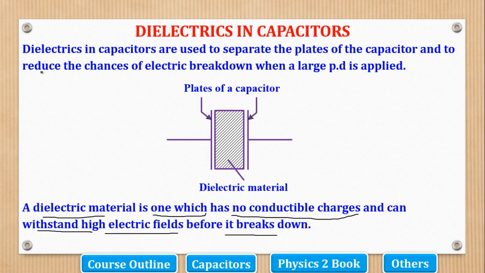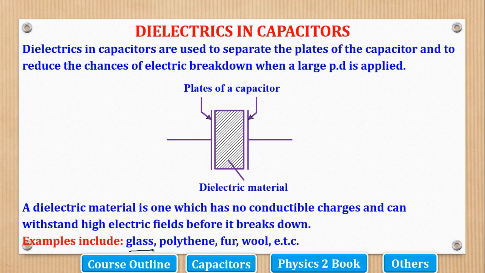And the reason is because its one purpose is to reduce electric breakdown. Some of the examples can be glass, polythene, fur, wool, etc. As long as it's an insulator and it's able to withstand high electric fields, it is okay.